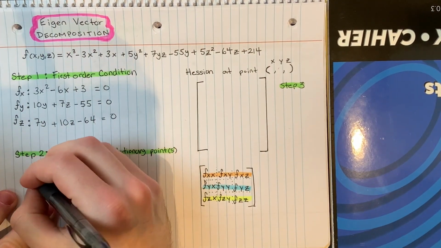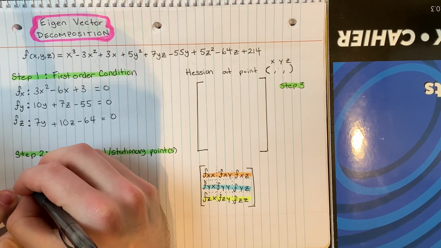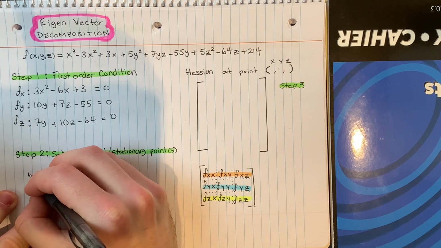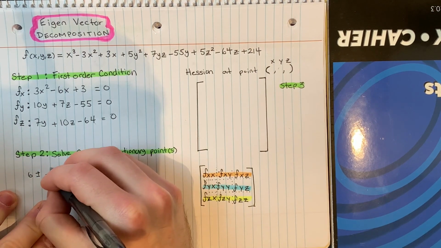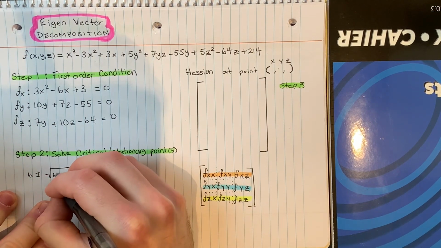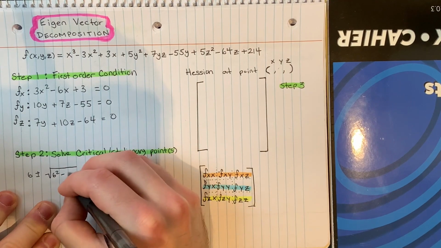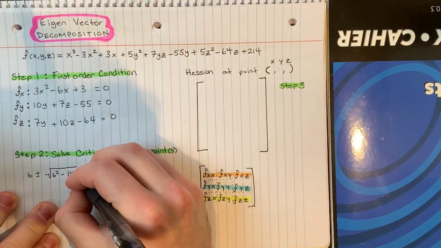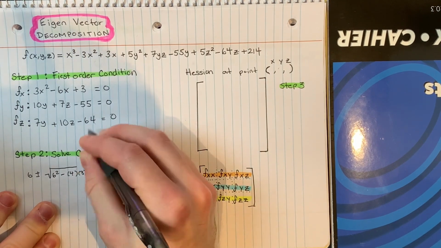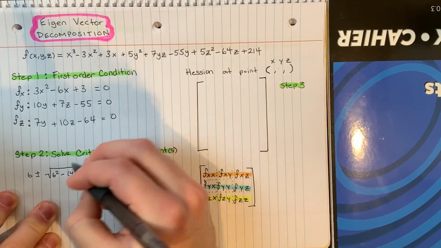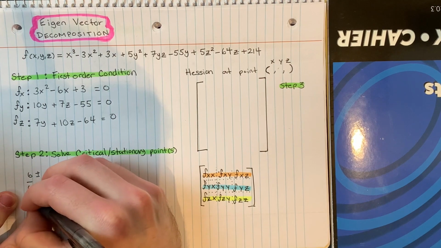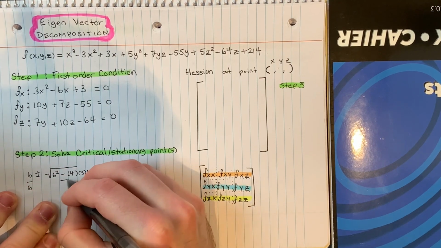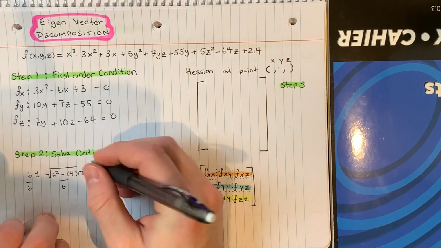So let's get that done, which should be 6 plus or minus the square root of 6 squared minus 4ac, in this case a is 3, over 2a, which is 6, so both sides over 6.